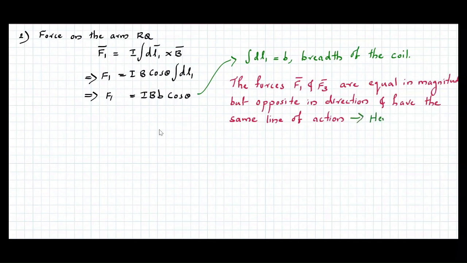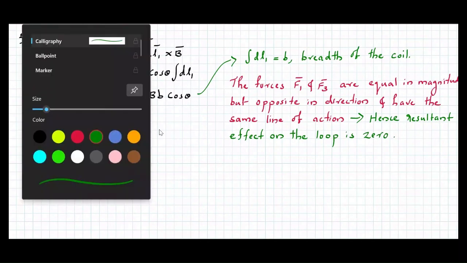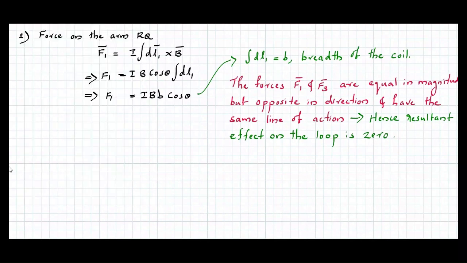When two forces are equal in magnitude, opposite in direction, and have the same line of action, the resultant will be 0. Hence, the resultant effect of F1 and F3 on the current carrying loop is 0.